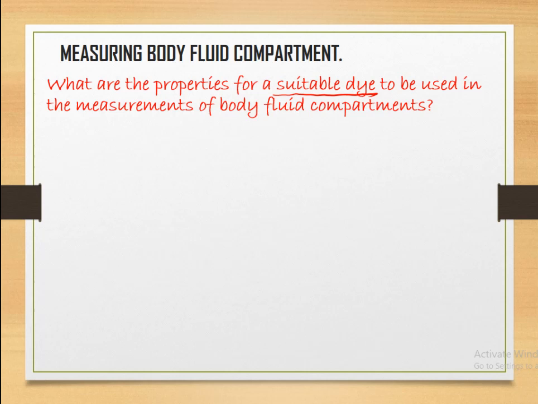No, there are some properties they are supposed to show for them to be used as a dye. For example, I can't use a dye that's going to kill a human being. In short, I can't use a poisonous dye to measure someone's body water or amount of red blood cells. So let's quickly look at the properties of these dyes.